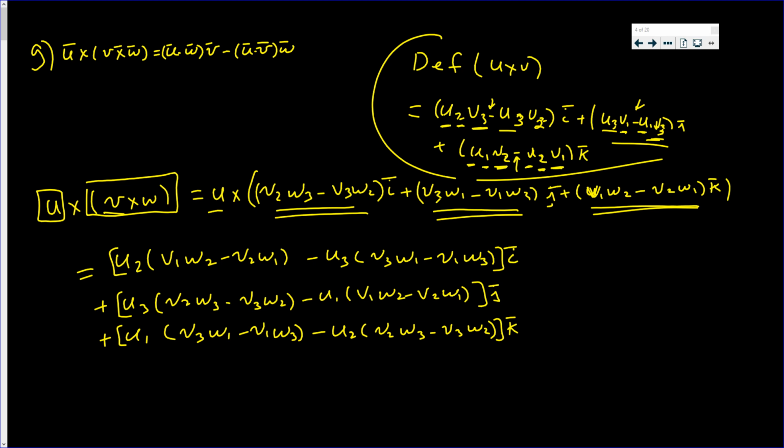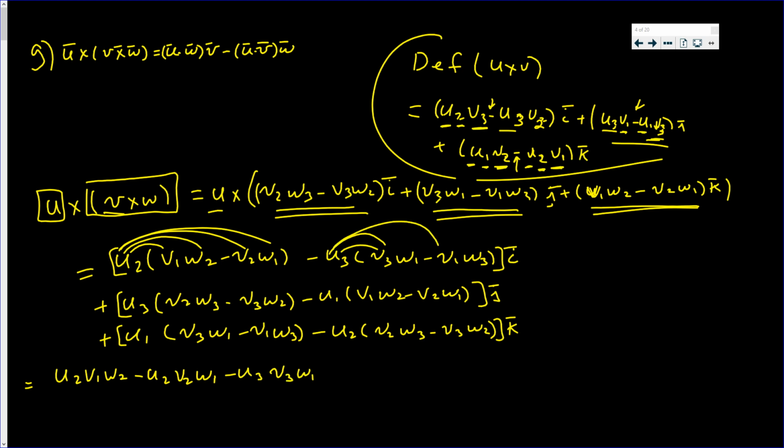Okay. Now, let us distribute this and then the U3. So you have U2V1W2 minus U2V2W1 minus U3V3W1, negative times the negative is plus, U3V1W3.